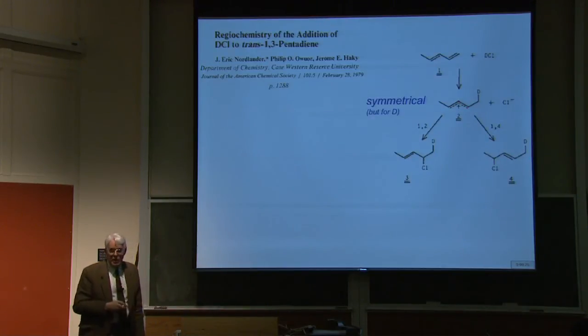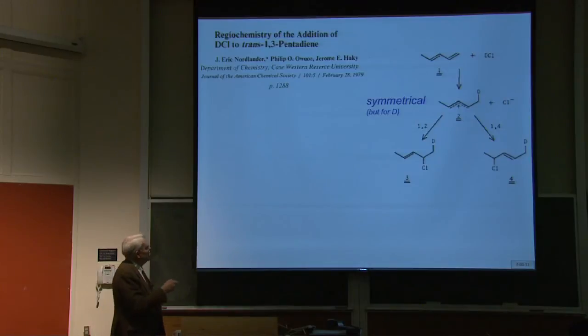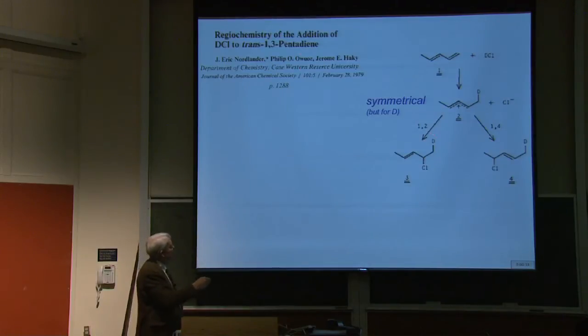That's symmetrical, except for the fact that there's a deuterium there, right? So if a bromide now comes in, or in this case they use chloride, it could attack either here or here, right? If it attacks here, you get the 1,2 addition, D and Cl. If it attacks here, you get 1,4 addition, D and Cl.